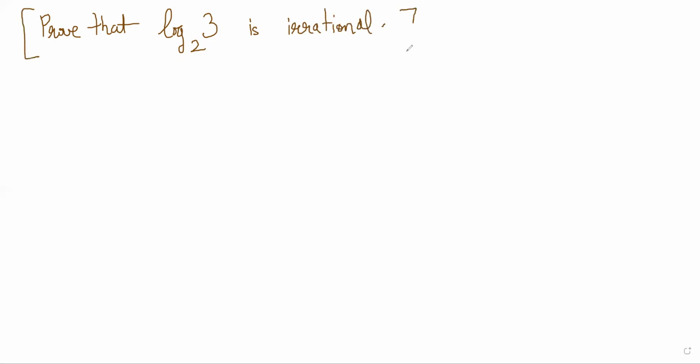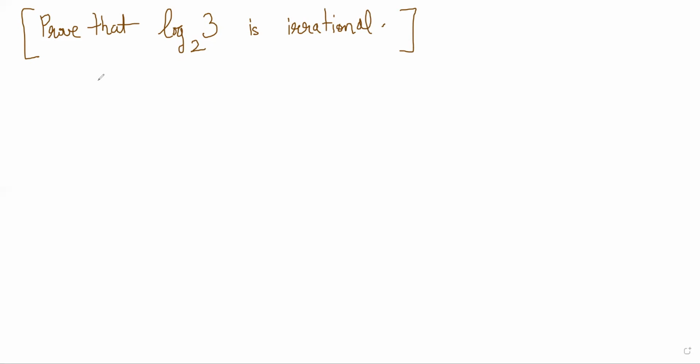Number 9, it's a proof question. Prove that log 2 3 is irrational. Okay. So try to do a proof by contradiction.